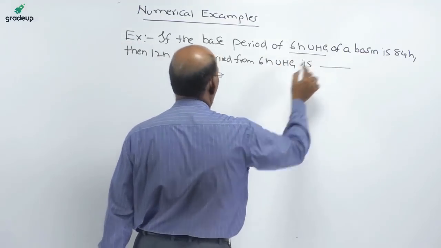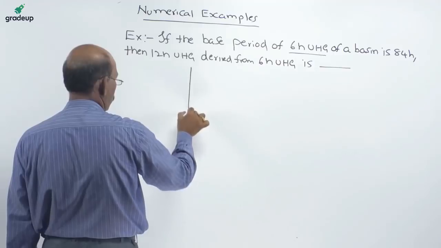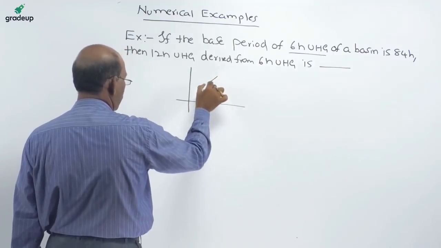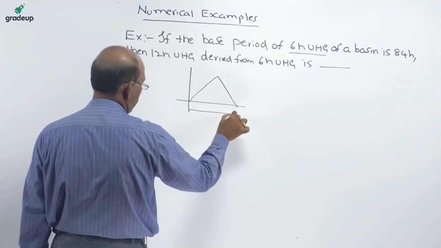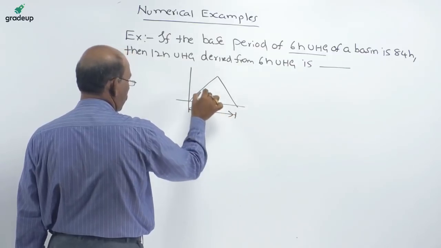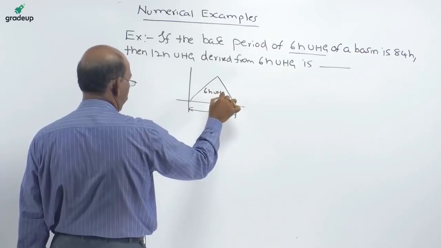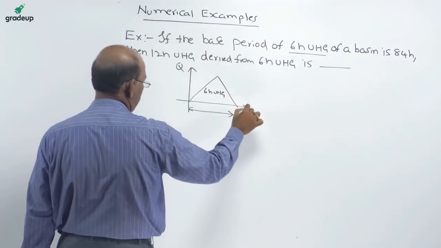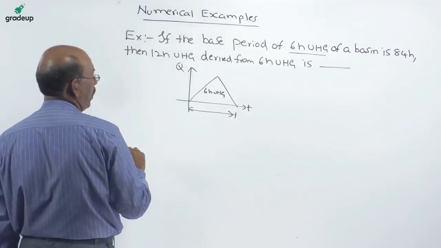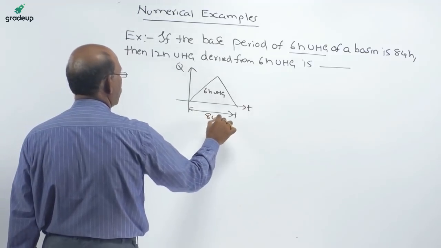So, the question here is, the unit hydrograph of 6 hours is given. This is the Q, this is the T, and this value is given as 84 hours.